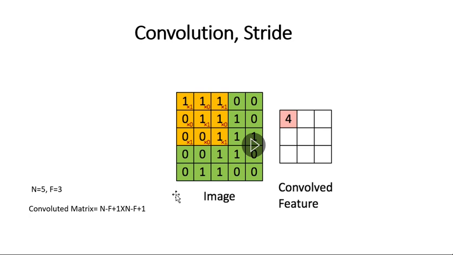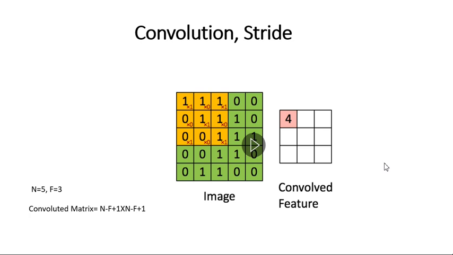Now let's see how to get the convolution operation. The formula to get the convoluted matrix is (n minus f plus 1) cross (n minus f plus 1). In this case the image size is 5 by 5, so 5 minus 3 plus 1 cross 5 minus 3 plus 1, so the convoluted feature matrix is also a 3 by 3 matrix.